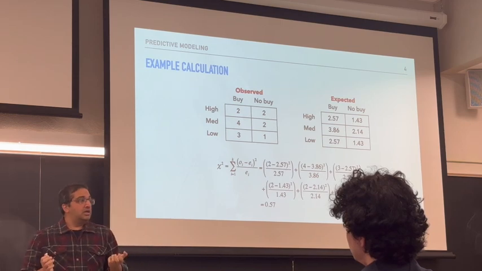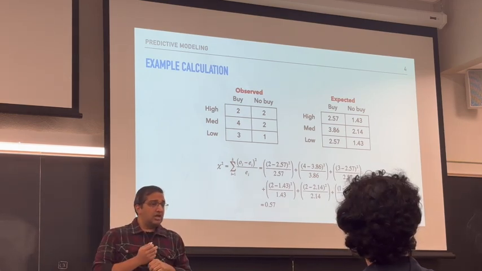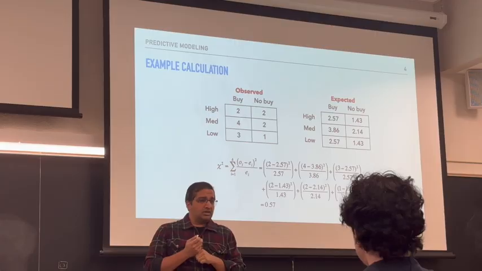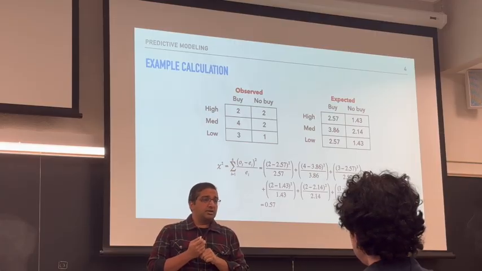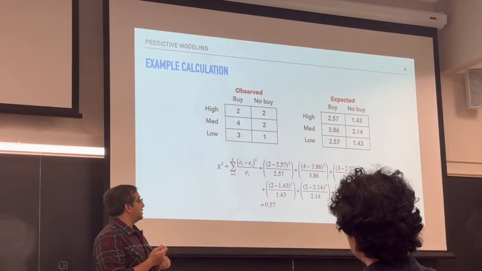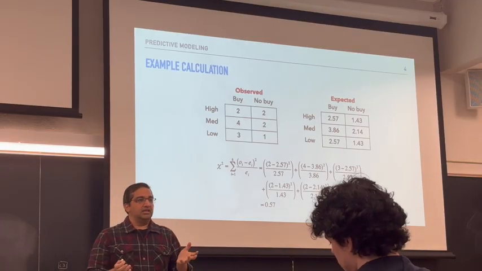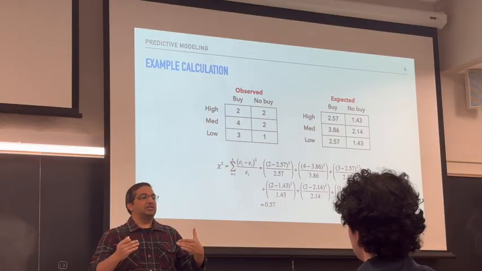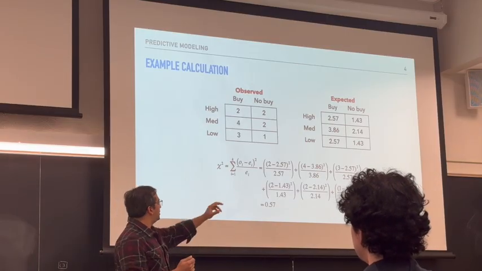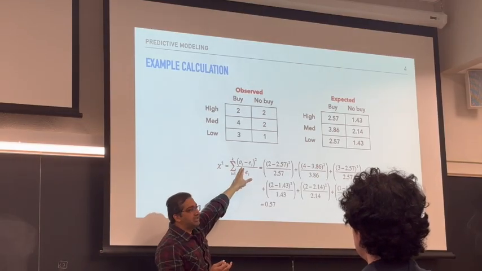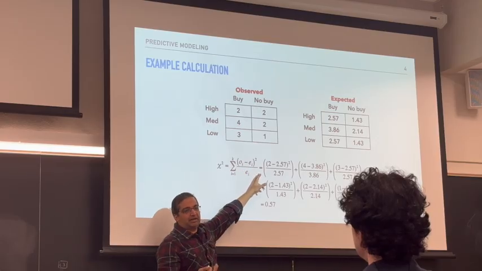Yes? Can you just clarify why higher values mean more unlikely to have an effect? So when I say effect, I mean it is more unlikely that our null hypothesis is true. Intuitively, OI is the actual value, EI is the expected value.